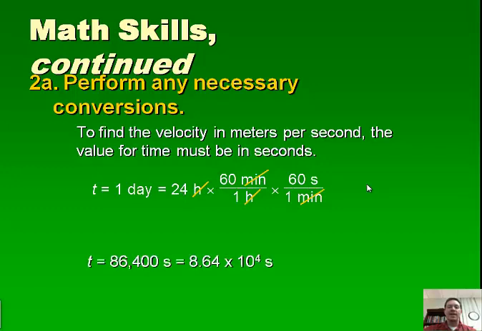So we get 86,400 seconds. We can change this to scientific notation: 8.64 times 10 to the 4th seconds, and all we did was move the decimal over 1, 2, 3, 4 spots.